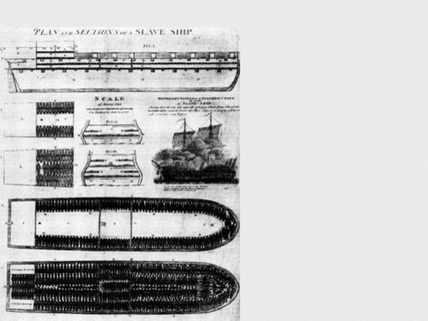So the smell, the heat, everything contributed to why a lot of people died on these journeys. The way that the slavers tried to combat this was, for an hour a day, they would bring groups of slaves up onto the deck and let them sit or walk around for an hour, and then they'd put them back. So this is what the slave trade looked like inside one of the ships.